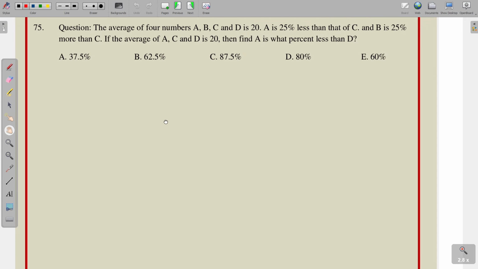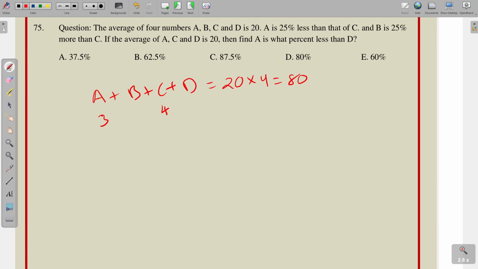The average of 4 numbers: a plus b plus c plus d equals 20 into 4, that is 80. Average 20 means the sum is 80. A is 25% less than c. If c is 100, a is 75, which means 25 four times, 25 three times, it is 3. And b is 25% more than c.